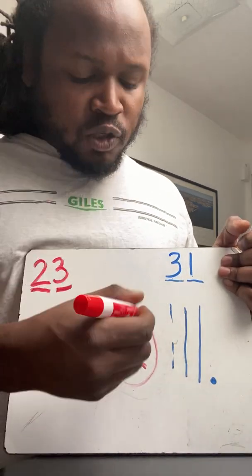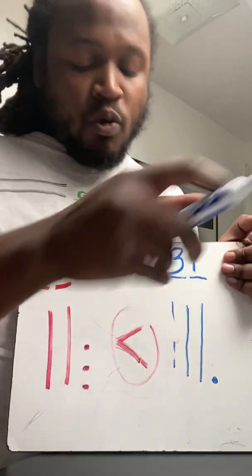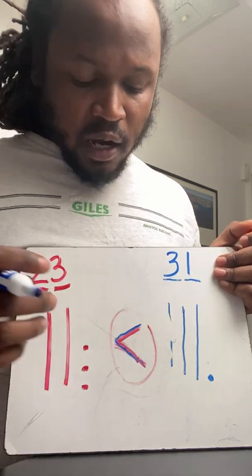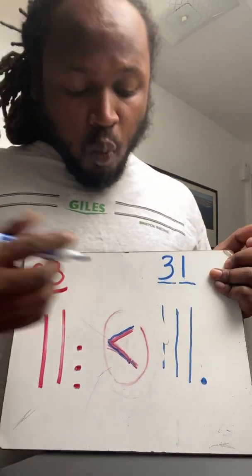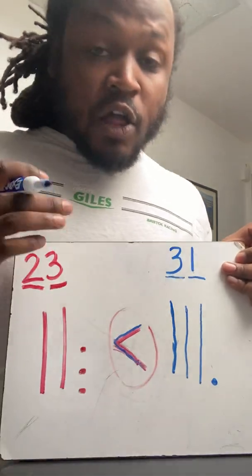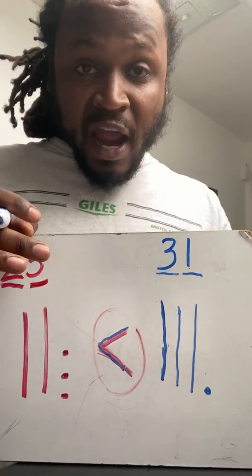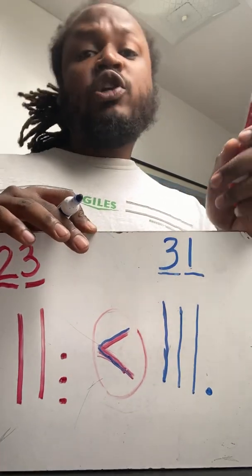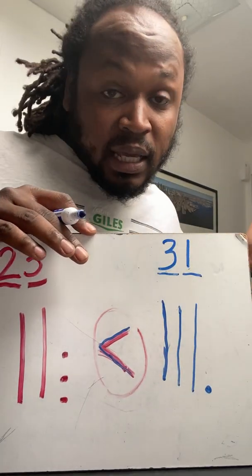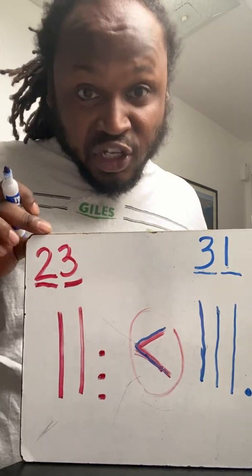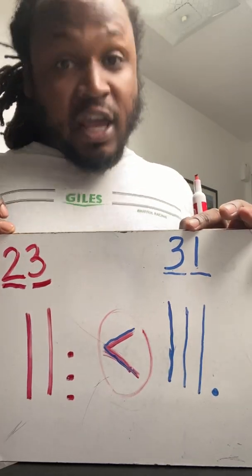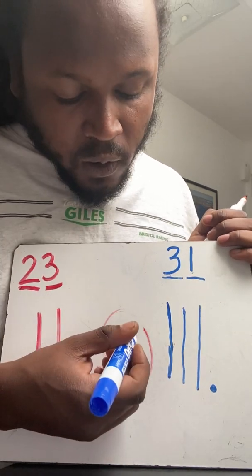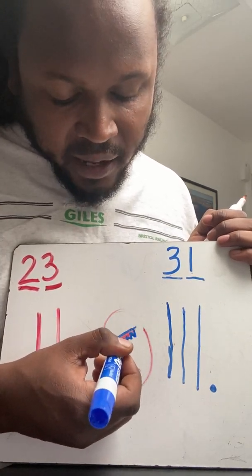All right. And to double check your work, you want to pretend like this is an alligator mouth, right? And alligators are really hungry. And they're always going to want to eat the group that is bigger. If you're an alligator and you're really, really hungry, would you rather only eat 23 fish or 31 fish? You're going to want to eat more fish, right? So I like to think of this as an alligator mouth.